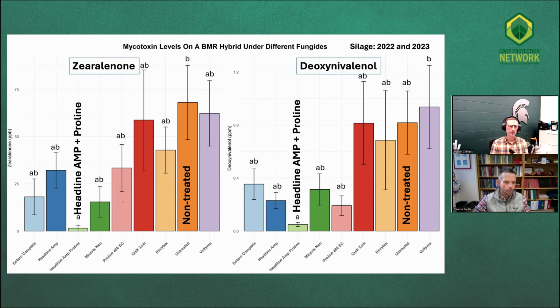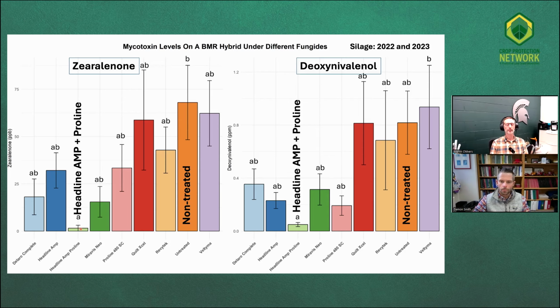So that's one of those labeled products. Miravis Neo in that dark green, a similar response there too. But when we did a combination Headline AMP plus Proline, that saw the biggest drop in mycotoxin and some statistical separation, either with the untreated check or with a fungicide that just wasn't bringing any performance to it.